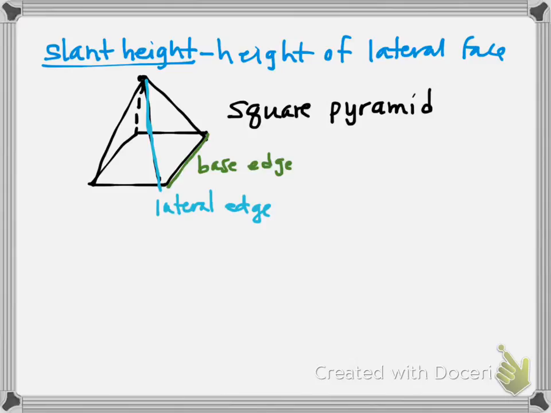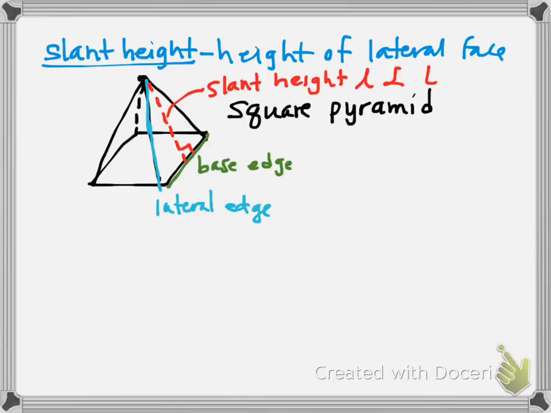The height of the triangle, this is your slant height. And the book uses a really weird symbol for the slant height. It's kind of like a cursive L, but they do it in a kind of weird way, so I kind of just use an L. Or sometimes it looks just like this, an italic weird thing.